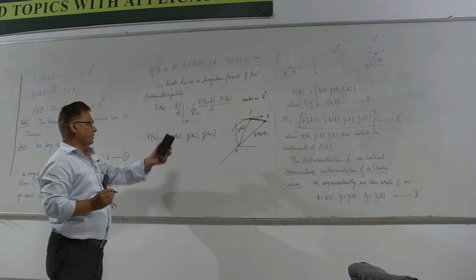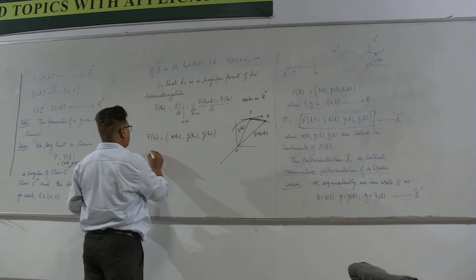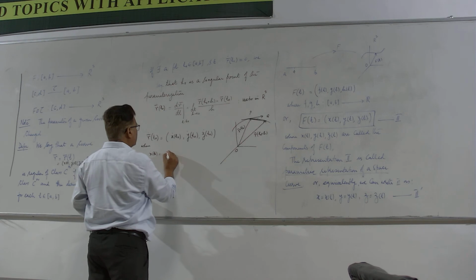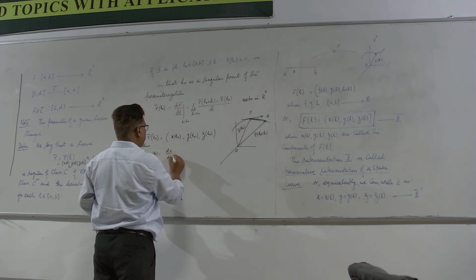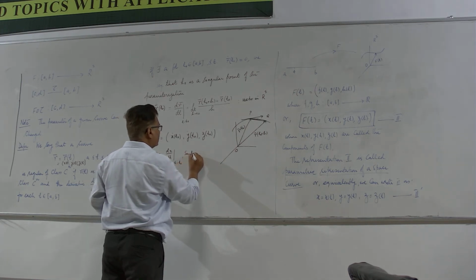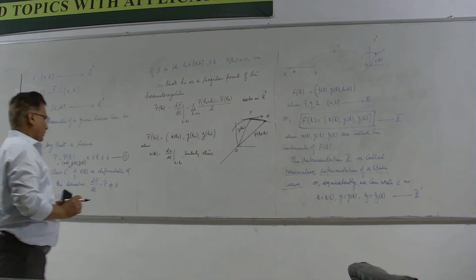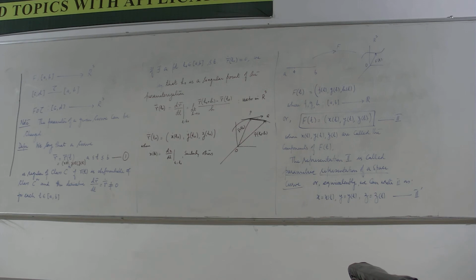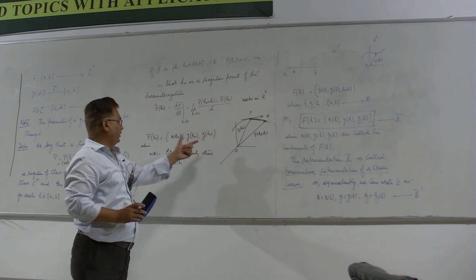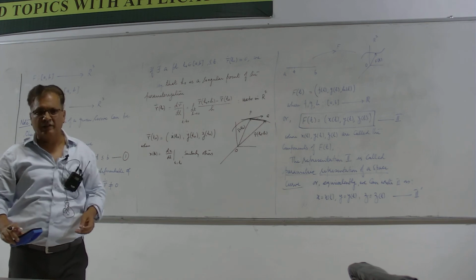This dot always stands for the derivative with respect to the variable t. So, x dot t naught means the derivative of x with respect to t at the point t equal to t naught. Similarly, others. These derivatives are scalar quantities. When you put them together as components of a vector, the overall quantity will be a vector in R3.